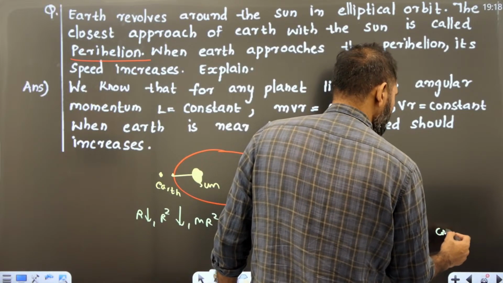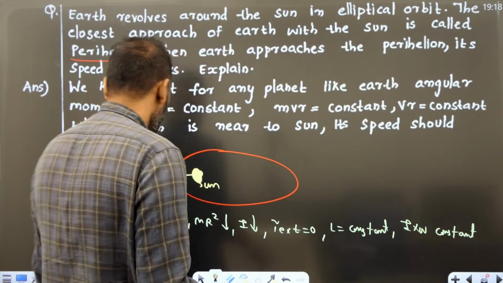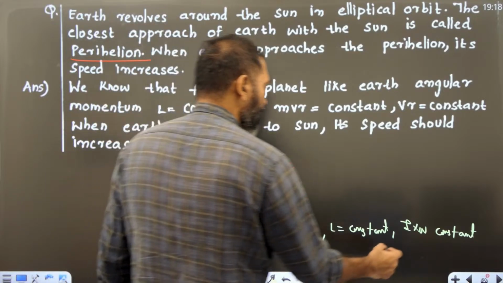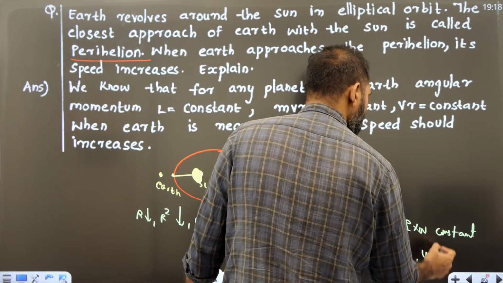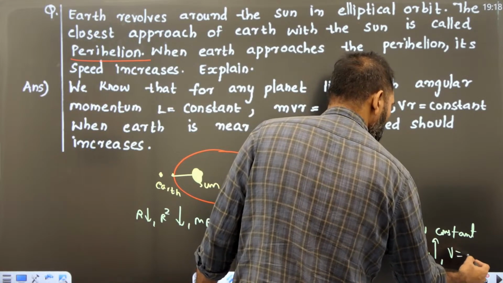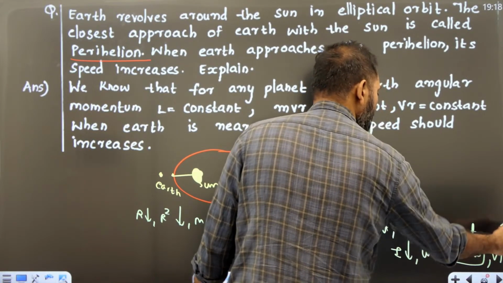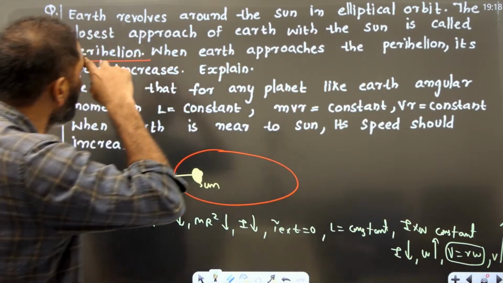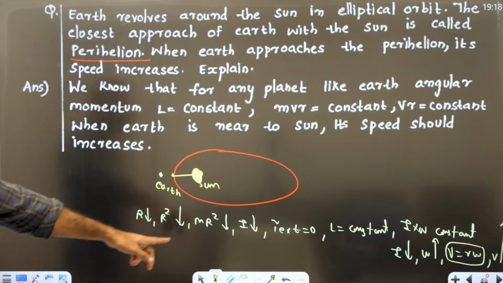But what is the problem here? I value decreases, so angular velocity increases. We know that V equals R omega. So when angular velocity increases, linear velocity also increases. Its speed increases. Speed is linear velocity. I hope you understood.